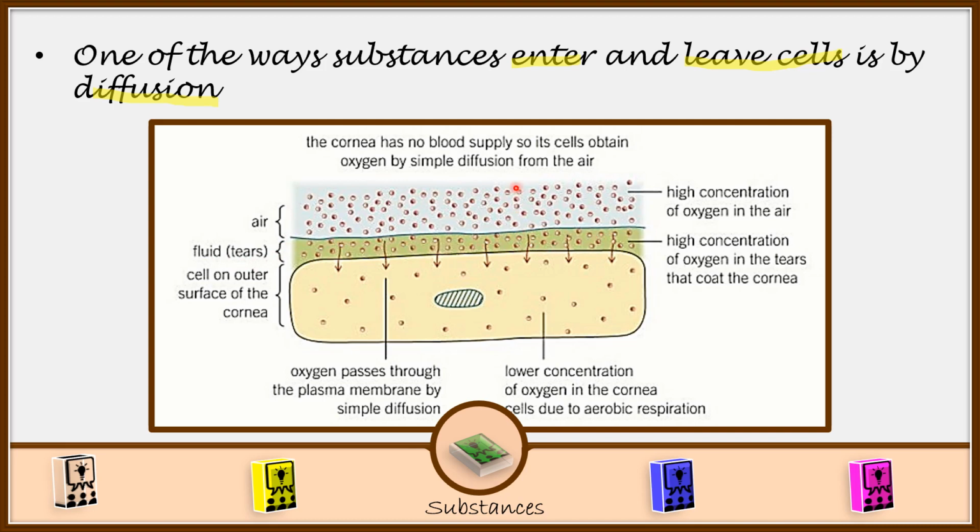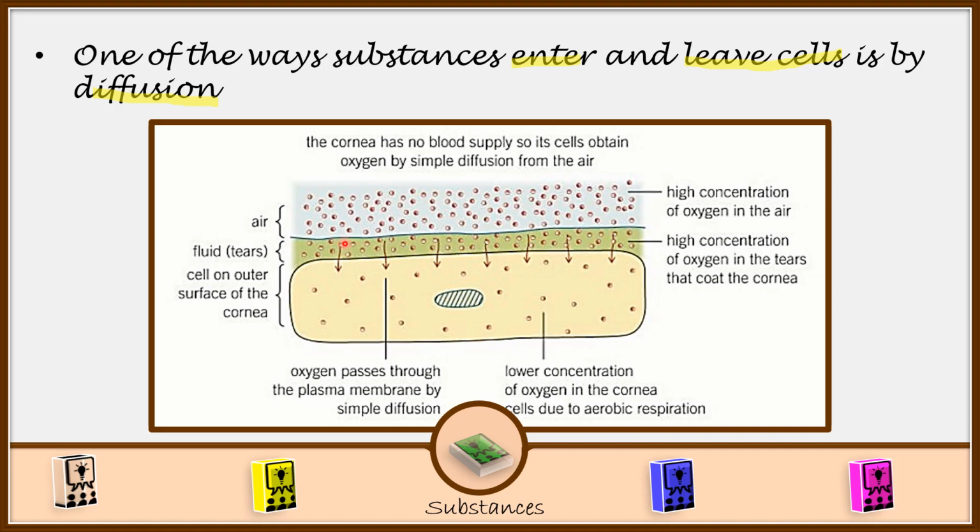Now the oxygen in the air diffuses into the tear, and then the tear becomes highly concentrated with oxygen. And here we have the cells of the outer surface of the cornea. So you can see that the oxygen diffuses from the atmosphere and enters the tears.